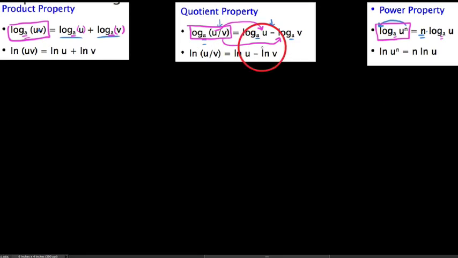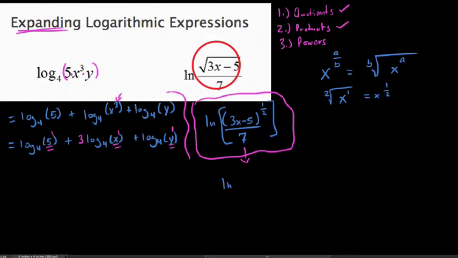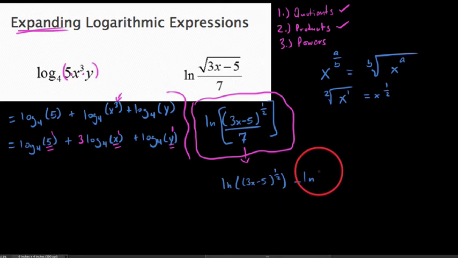You'll notice that when we do the quotient property, we say ln of u over v here. We're going to rewrite that as the difference of ln u minus ln v, but the u part of this expression here is everything on the top. So what we're really going to get is ln of, in parentheses here, 3x minus 5 to the 1/2 power, that minus the ln of 7.